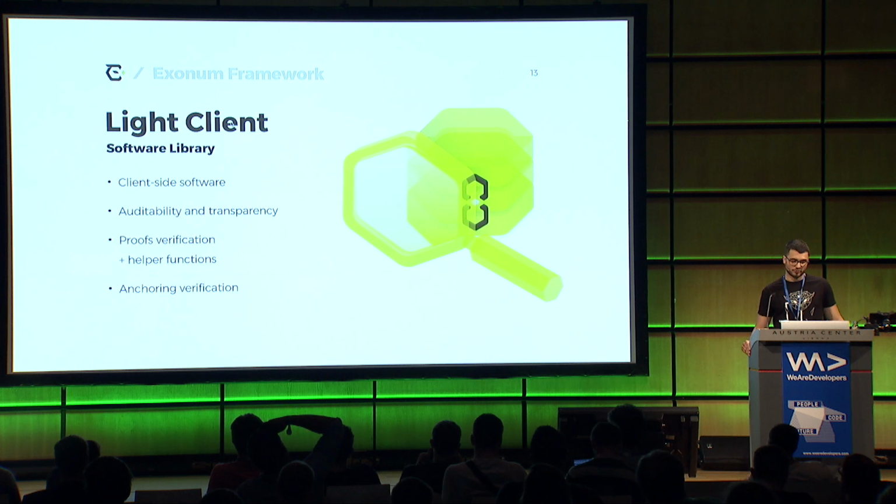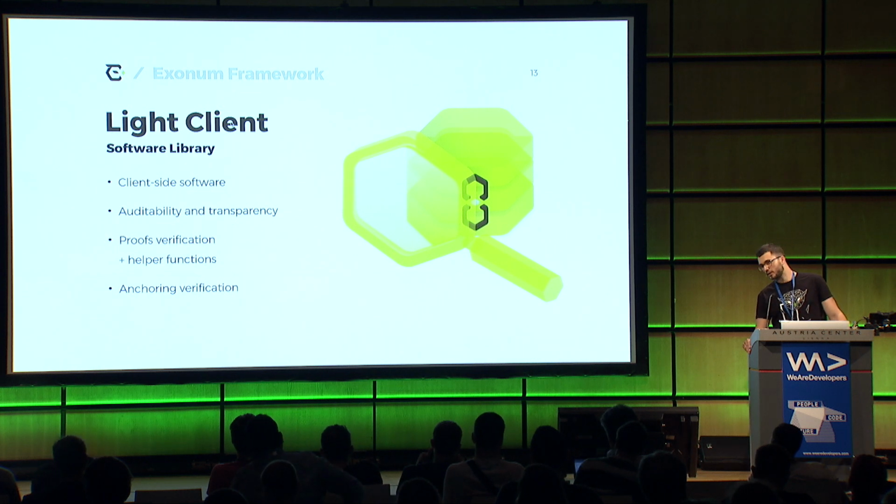Okay, one more cool feature is the light client. It's basically a JavaScript library, also open sourced, which helps you with transaction creation. Also, it helps to serialize these transactions to JSON format, signs transactions with digital signature, and sends them to the blockchain network. Also, you may use the light client for checking cryptographic proofs.